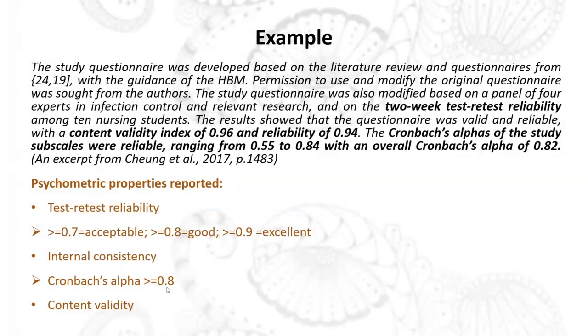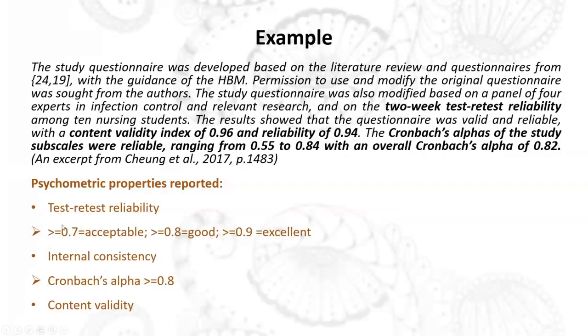But under 0.7 is marginal. And for the subscale scores, some are 0.55 to 0.84. That means at least one, I can see here, is 0.55. Is it good? No, it's not good. But maybe only one subscale has 0.55. But because the overall score is good, that's why they still adopt this to use in their studies.